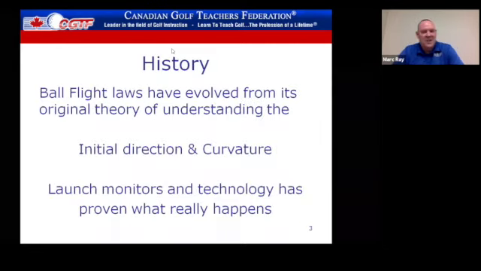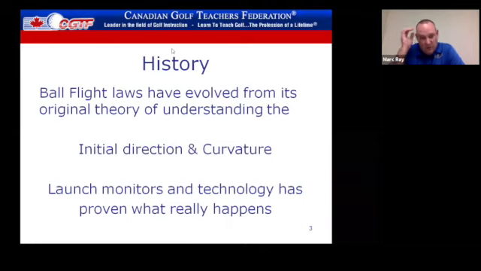So this is the neat thing for the people that have been here for a long time. Because of launch monitors and high-speed cameras, we've really had some misconceptions. I remember I took the course in 2001. Dave Reed and Bill Bath were my instructors, and there were 18 or 19 other people in the course.